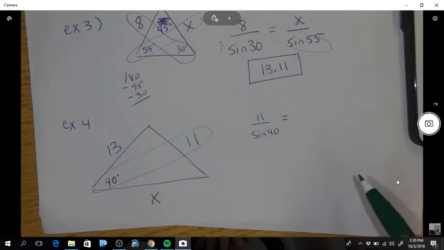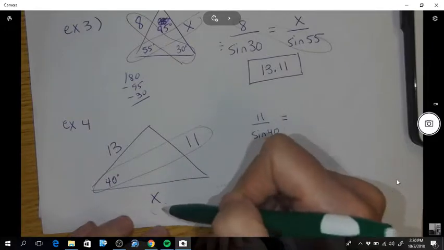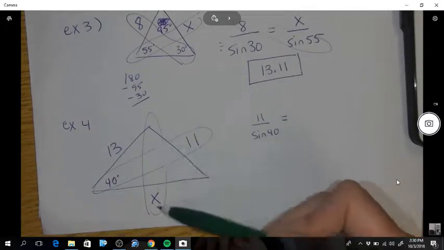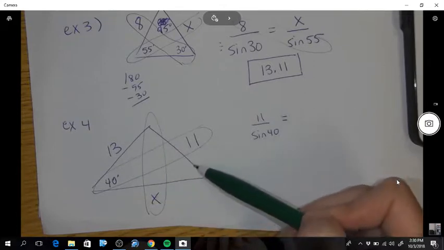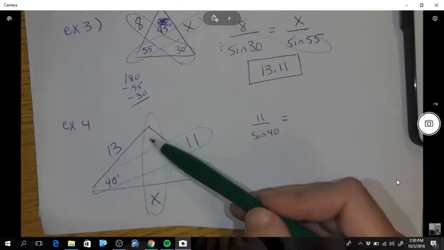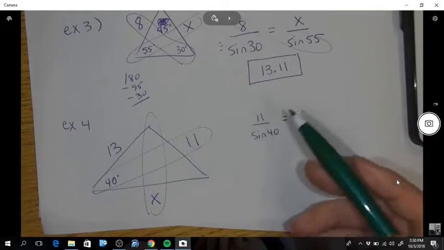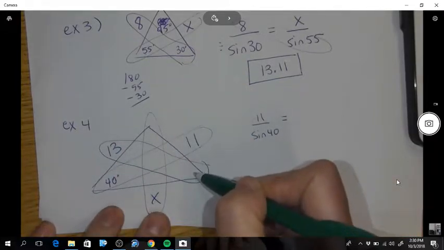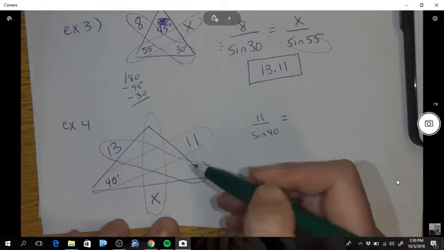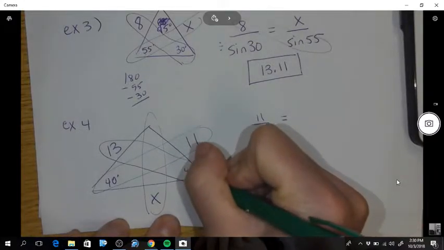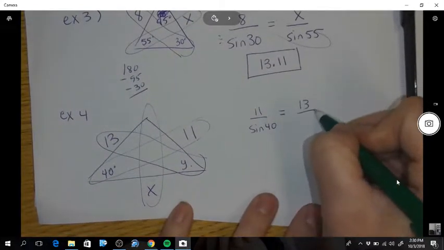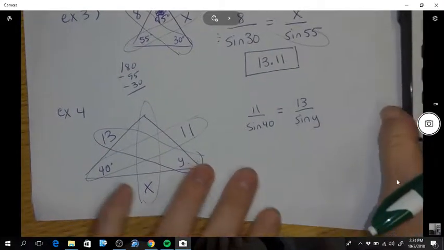What other ratios could it equal? Well, x and this, but that's not helping me because it's unknown. I can't get that like last time. So I need to use this 13 to get this angle. So I'm going to call this something else, so let's give it a y. Okay, so 13 over sine y.